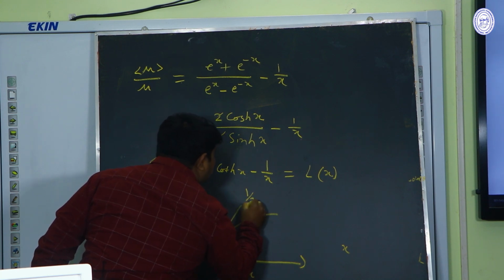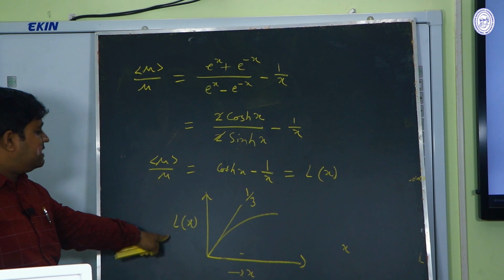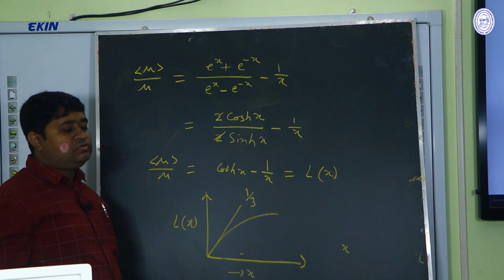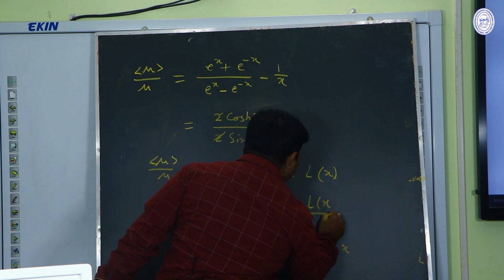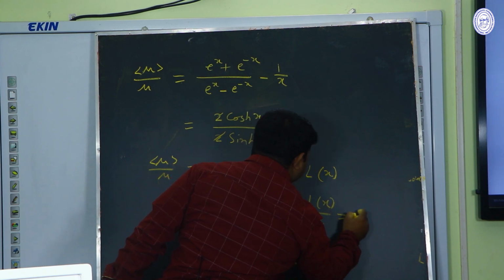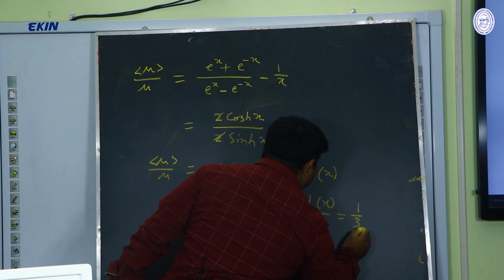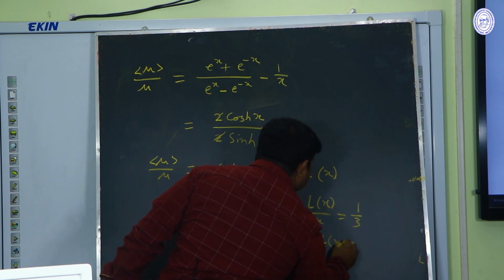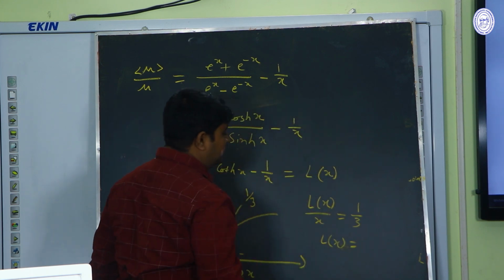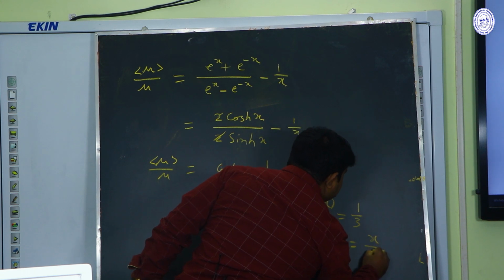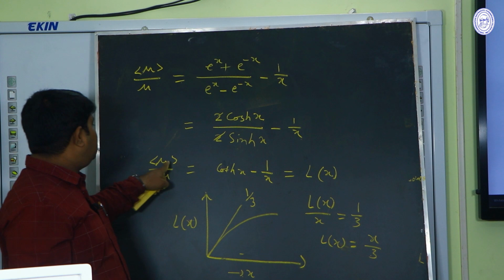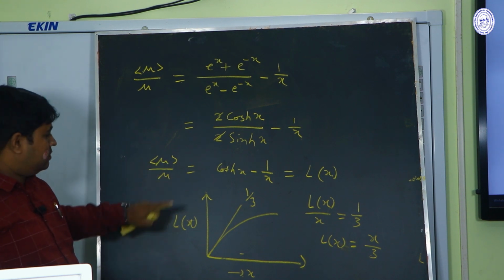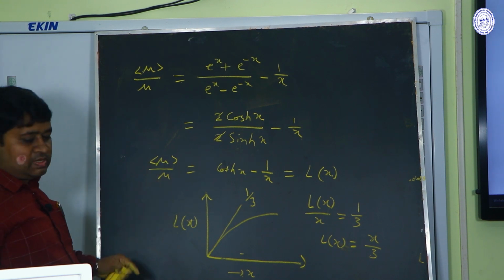is equal to 1/3. That means L(x) by x is equal to 1/3, or L(x) is equal to x by 3. L(x) is equal to mu average by mu.